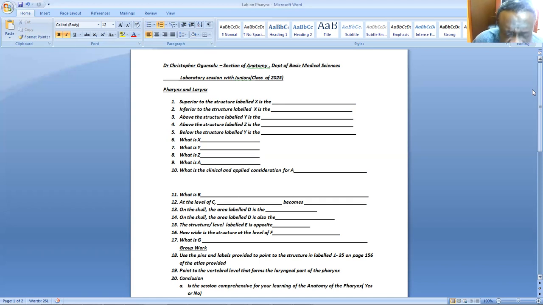So if the arrow is pointing to the uppermost part of the pharynx, you know what it is, and if it is pointing to the lower part of the pharynx, into the junction between the pharynx, laryngopharynx, and the esophagus, you know that that is the narrowest part of the pharynx and the narrowest part of the alimentary canal, except for the vermiform appendix.